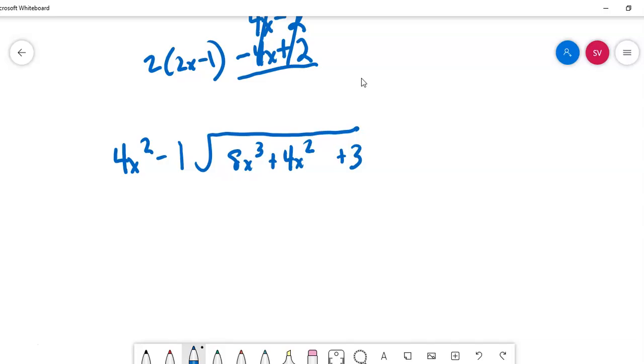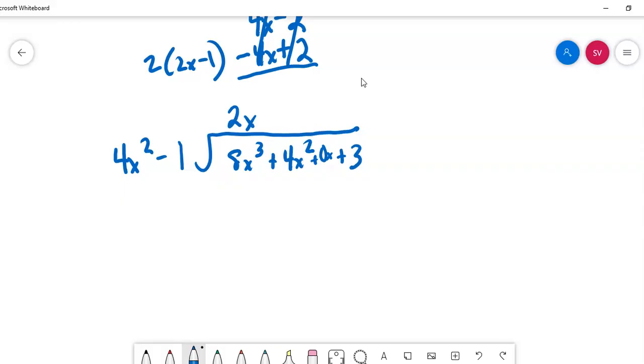Now, when you have something like this, I recommend showing all the x's. So because there's no x term, I would just show it as 0x, because 0 times x is 0 anyways. All right, so let's try this out. So 4x squared times what will give me close to 8x to the third?